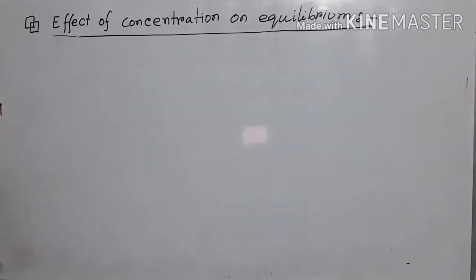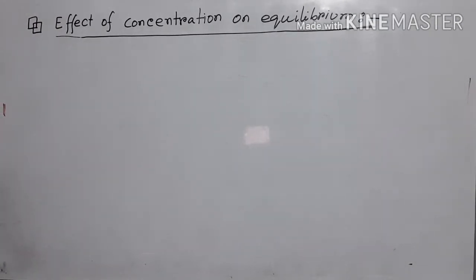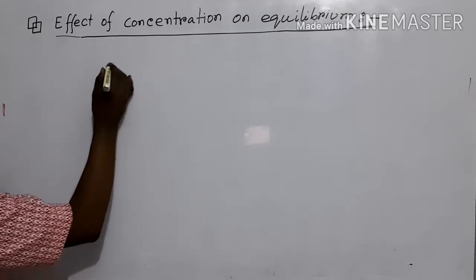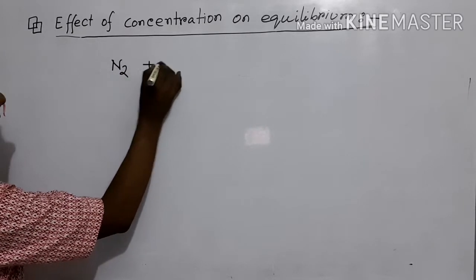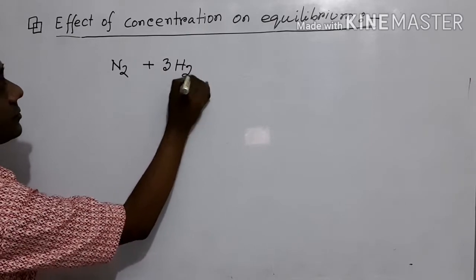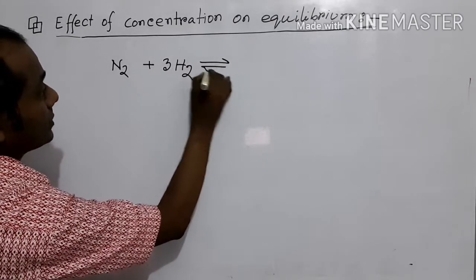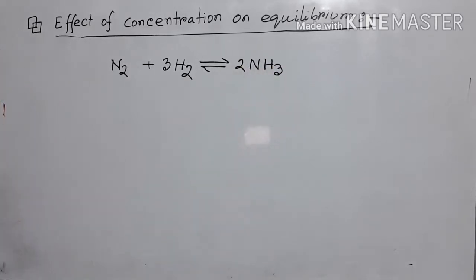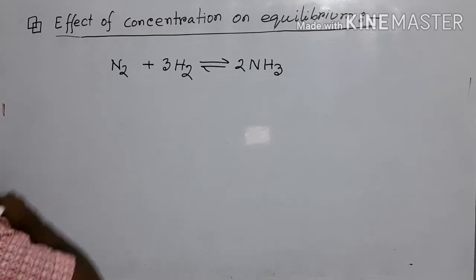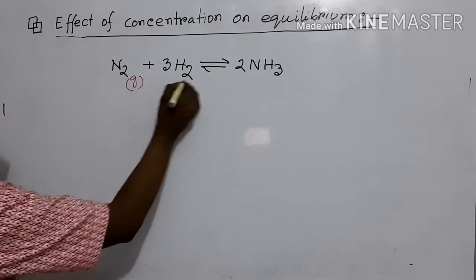Dear students, now we discuss about the change of concentration, that means effect of concentration on equilibrium. Let us consider a gaseous reversible reaction: nitrogen plus 3 hydrogen produce ammonia gas.